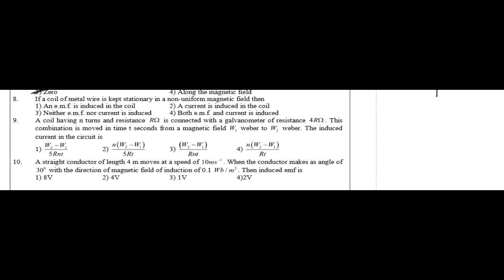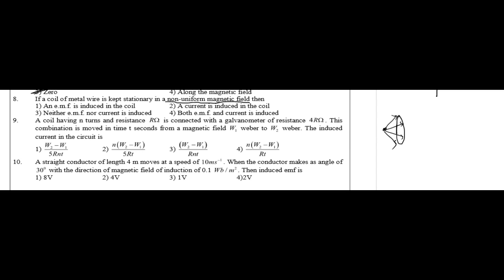If a coil of a metal wire is kept stationary in a non-uniform magnetic field, then. Say this is a non-uniform magnetic field, a radial magnetic field. So here the magnetic field will be like this.